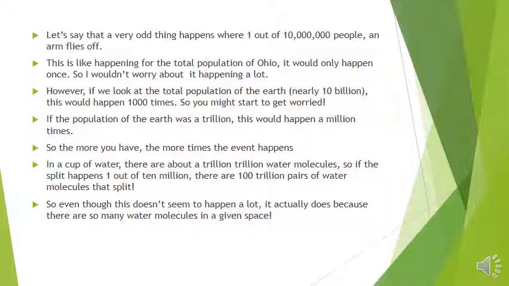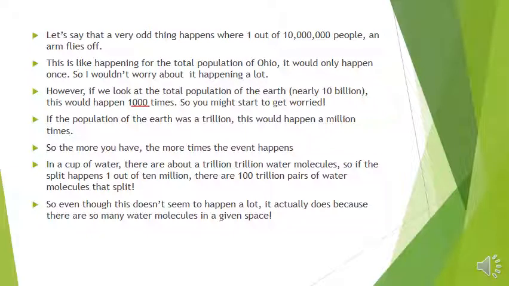But now if we look at the total population of the Earth, which is about 10 billion, this is going to happen 1,000 times. You're going to start to hear on the news of this happening a whole lot more, and you may start to get worried about it.